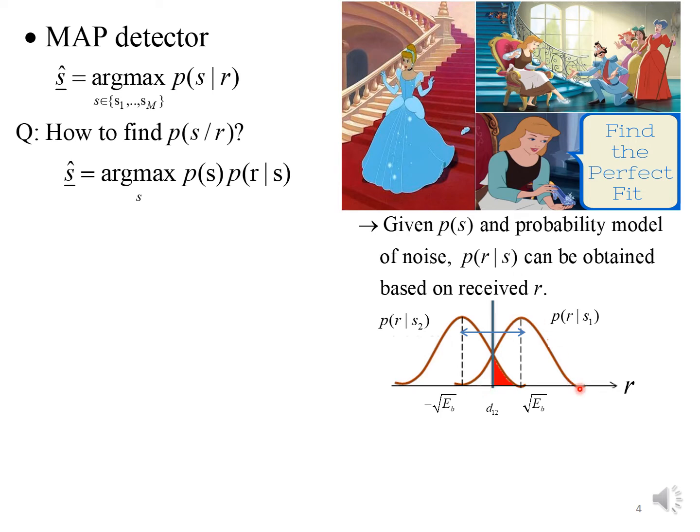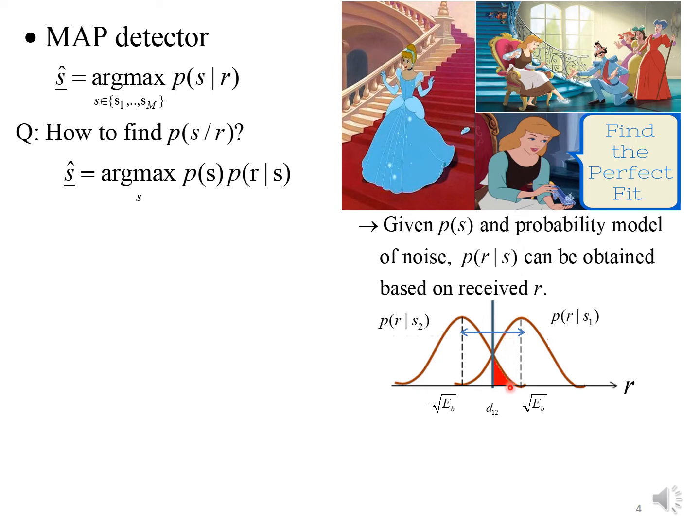We know these two curves, the conditional probabilities given S1 and S2, over different values of R. If the received signal R is at a certain value, somewhere here, then we know the probability of S2 would be this value and the probability of S1 would be this value.